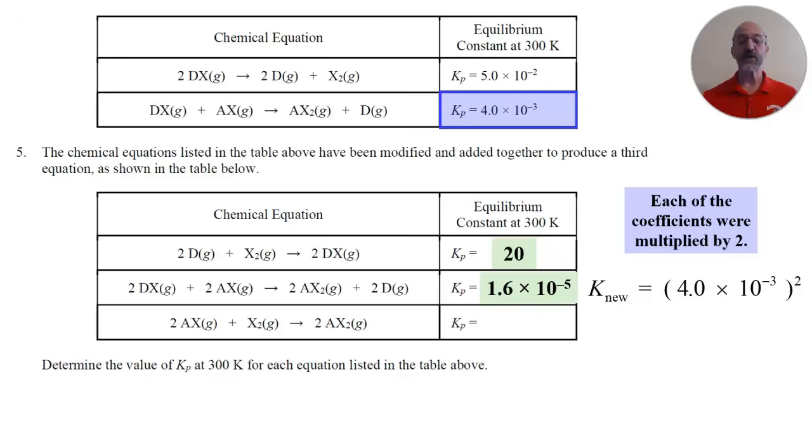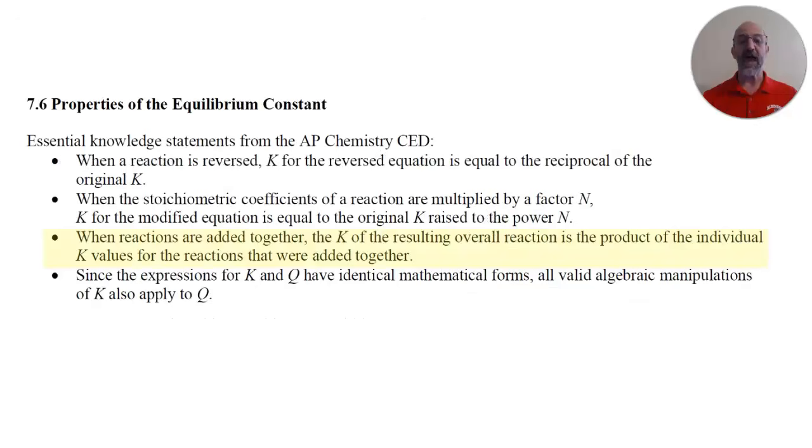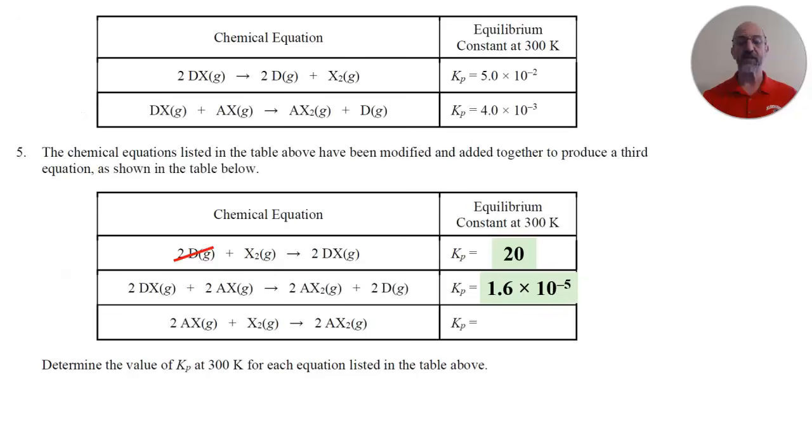Now, since these two modified equations in the bottom table have been added together, when reactions are added together, the K of the resulting overall equation is the product. So we have to multiply the individual K values together to get the new value of K. I'm just going to cross off the 2D and the 2DX just to verify that when these two equations are added together, we get 2AX plus X2 producing 2AX2.